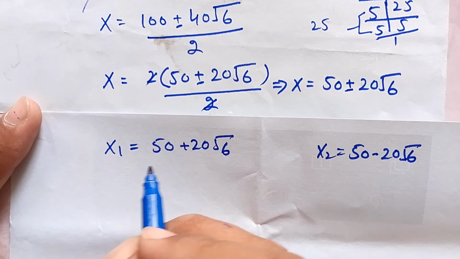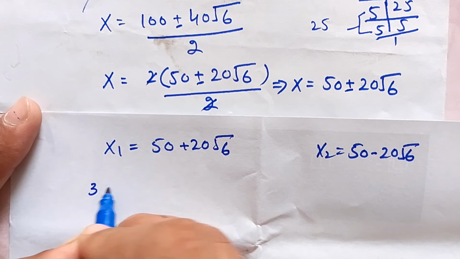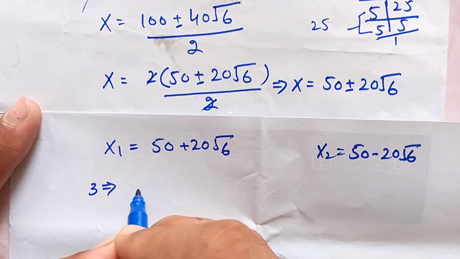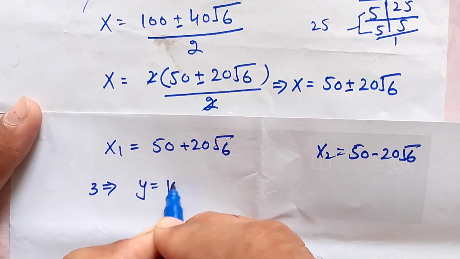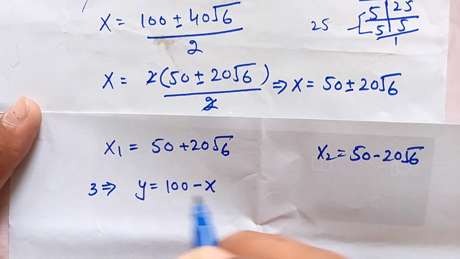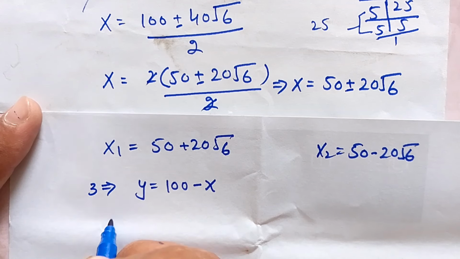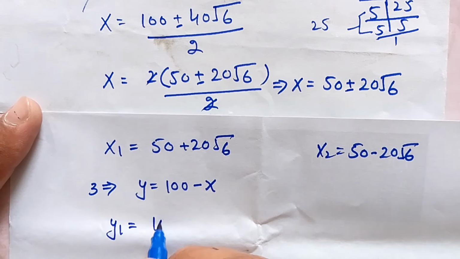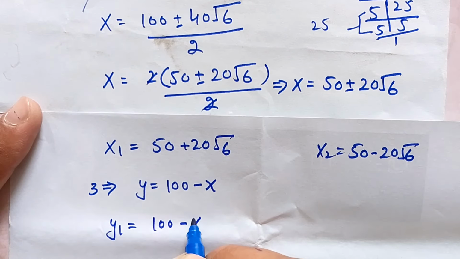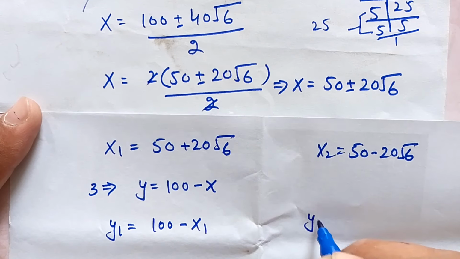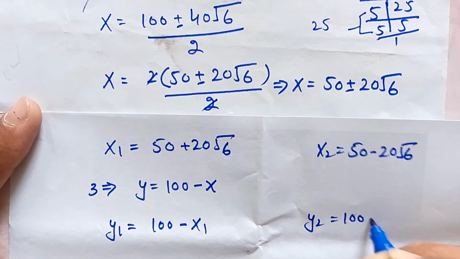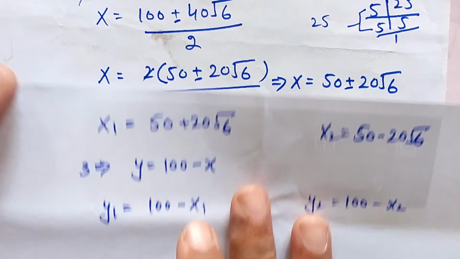To find the value of y, we know from equation number 3 that y is equal to 100 minus x. So first of all, y1 is equal to 100 minus x1, and y2 is equal to 100 minus x2.